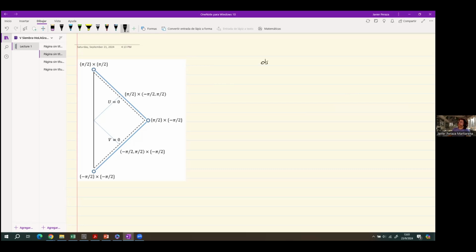So if we take the metric here, minus dt squared plus dr squared plus 2 sine squared r, and here we put some square, and here we divide by 1 plus this conformal factor squared.